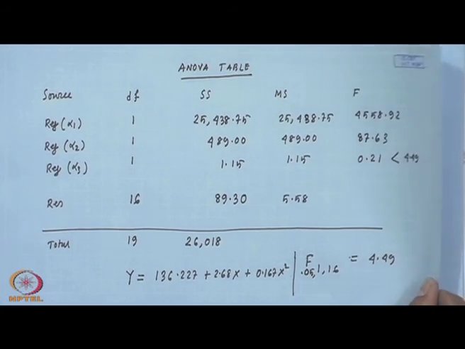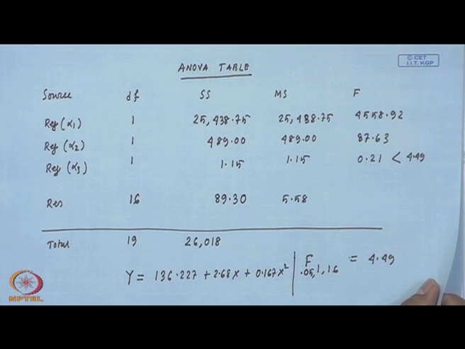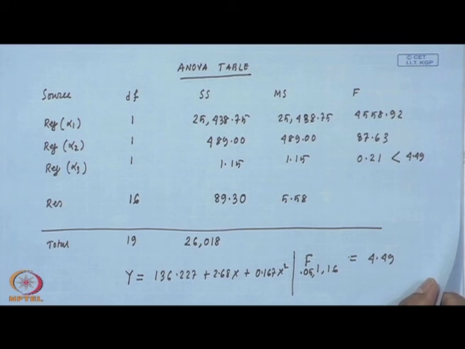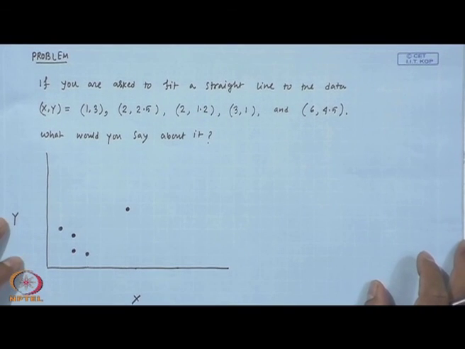Otherwise, just forget about that, you go for the quadratic fit. Okay. So, this is the problem we talked about from the polynomial regression, and next let me talk about one more problem.